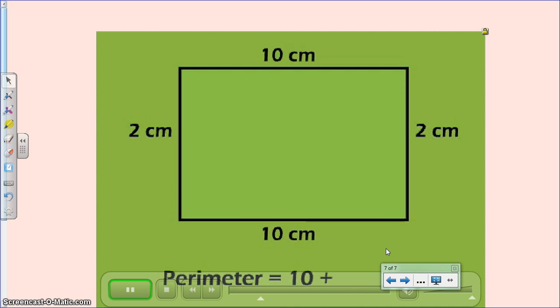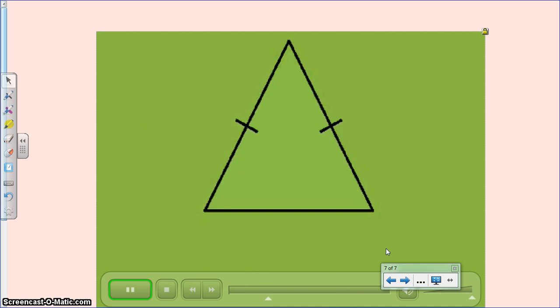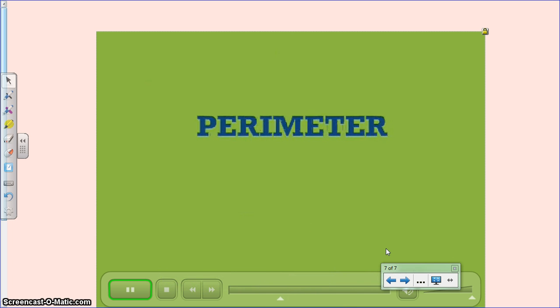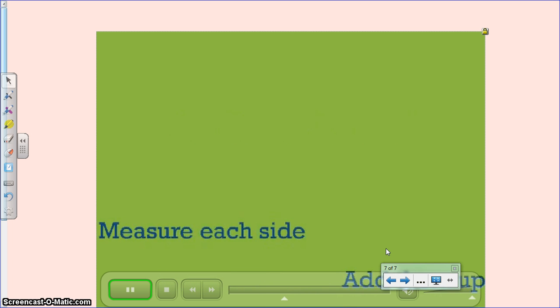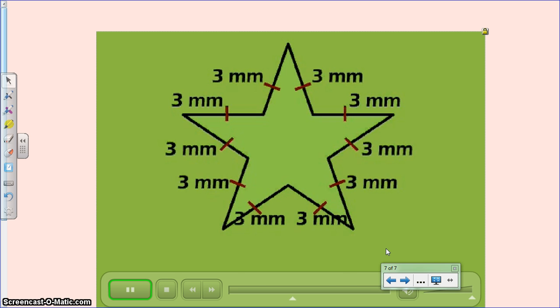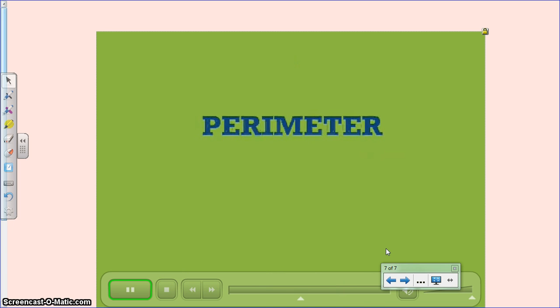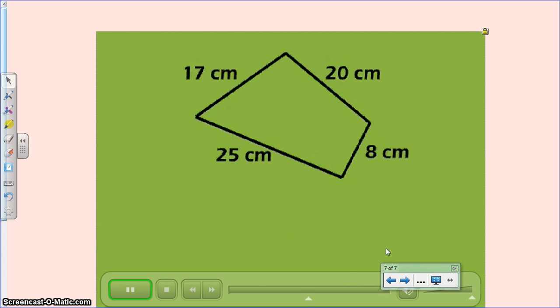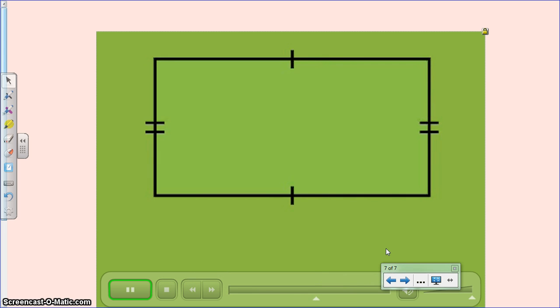That's perimeter, perimeter, perimeter. Perimeter, you have to measure each side one at a time. Write them down, add them up, and what do you find? Perimeter.